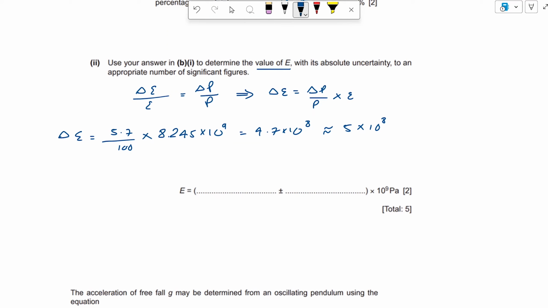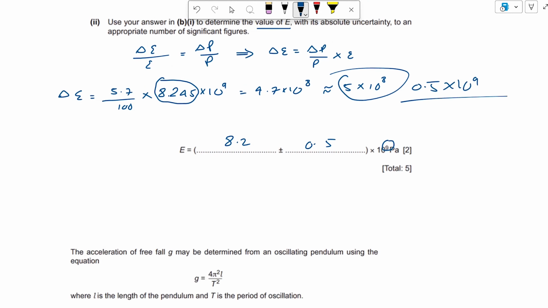We simply rounded off this value here, and now this gives us 0.5 times 10 power 9.